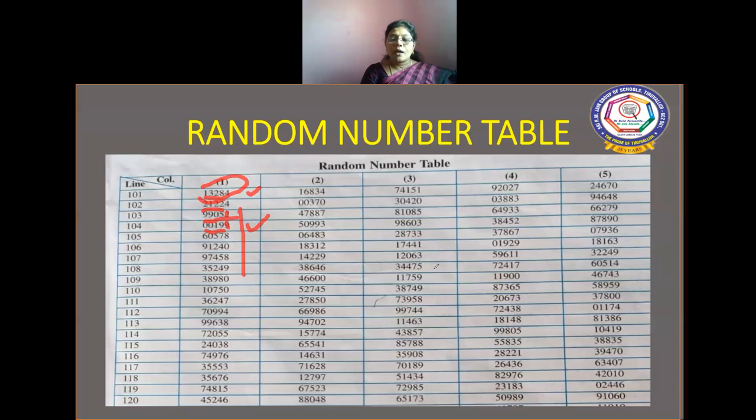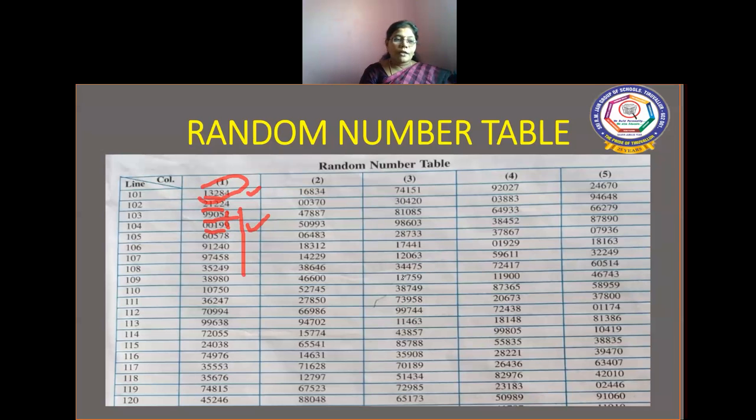So we are going to stop when we got 200 numbers. So if in this process any number is repeated, in that case also we are going to ignore that number. We are not going to use that number.